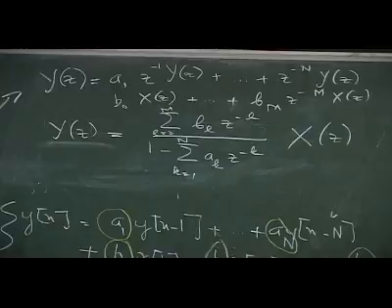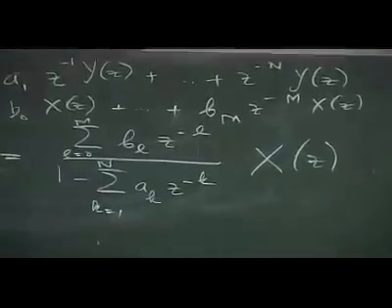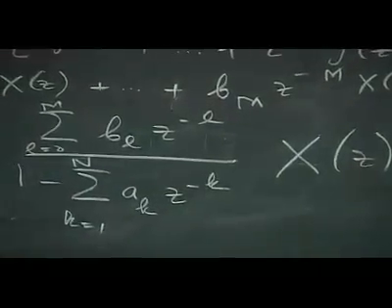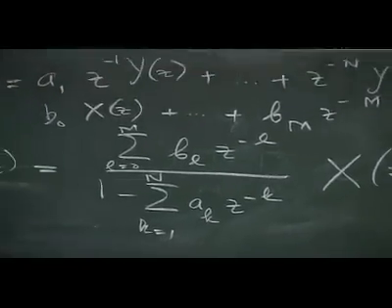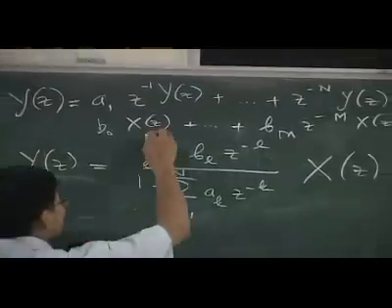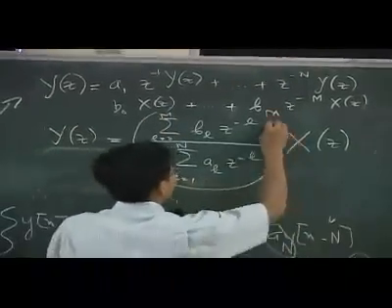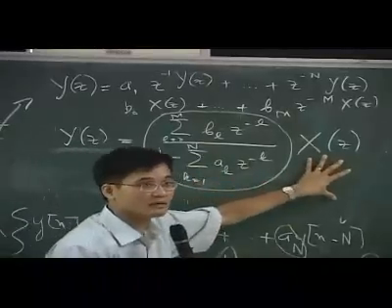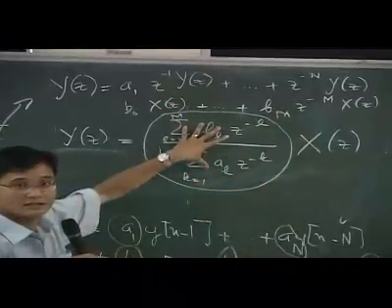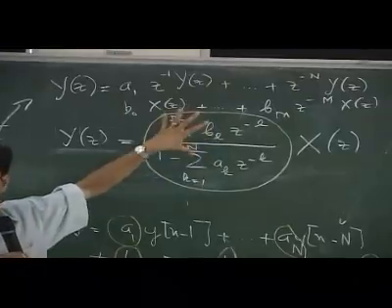So you see now the input and output relationship of this simple difference equation can be represented in this very simple form. And this particular guy here is just taking the input in the Z domain and multiplying it with something. And this thing, by the way, is a constant.